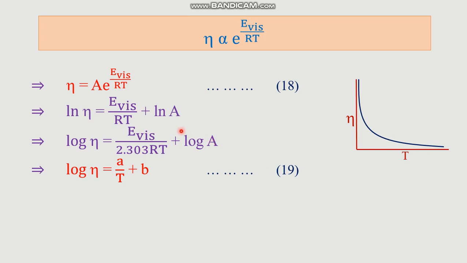A is a constant, so log A is also yet another constant, and you can write it as B.